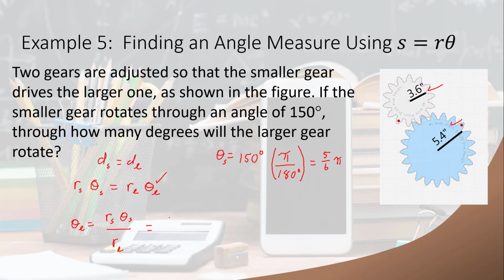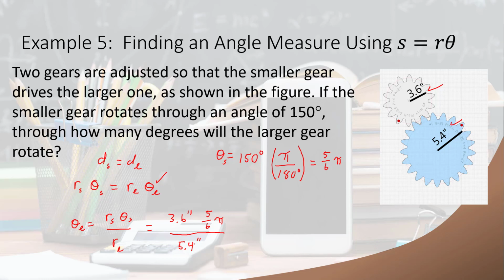We have 3.6 for the smaller radius. We have 5/6 pi. And then we have 5.4 for the radius of the larger circle.